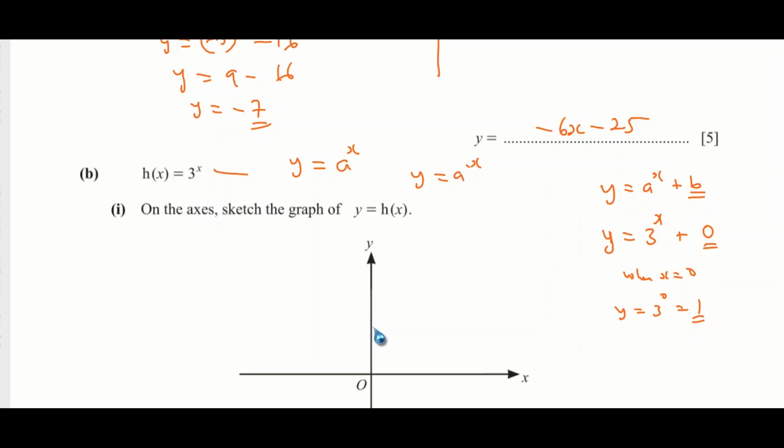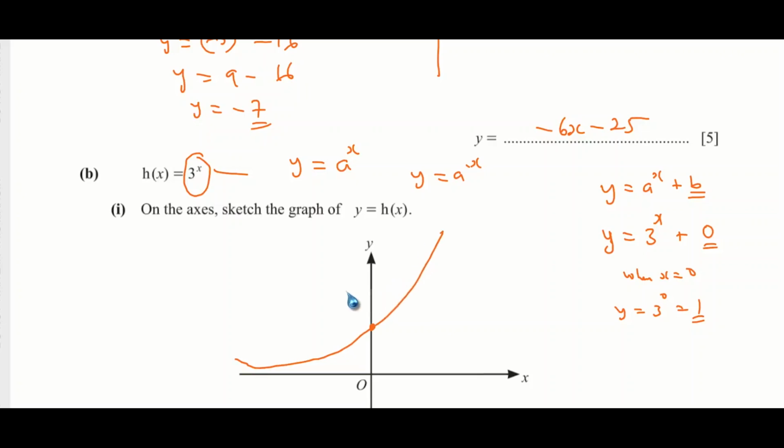So that means we have a point here. And this graph increases as it moves from left to right. If it is a negative power, it falls as it moves from left to right. So this one we just move like this. We have something like this.